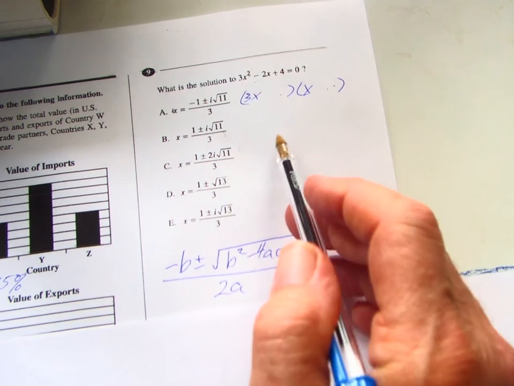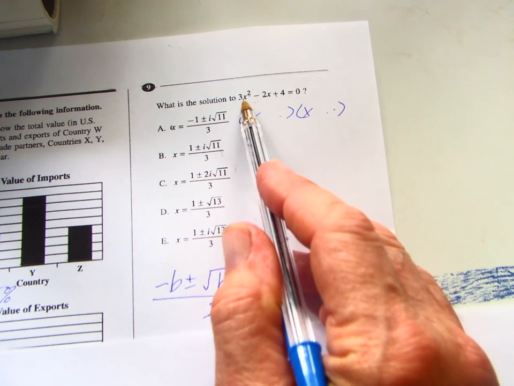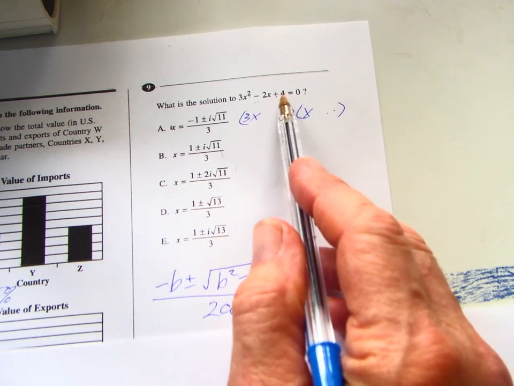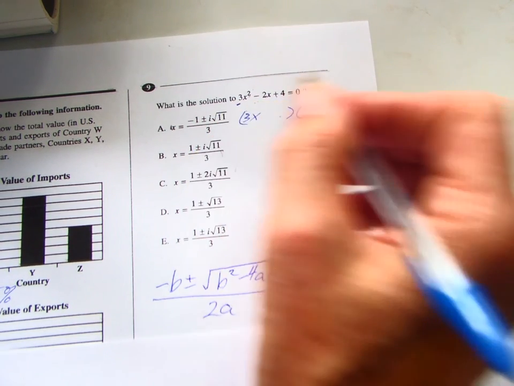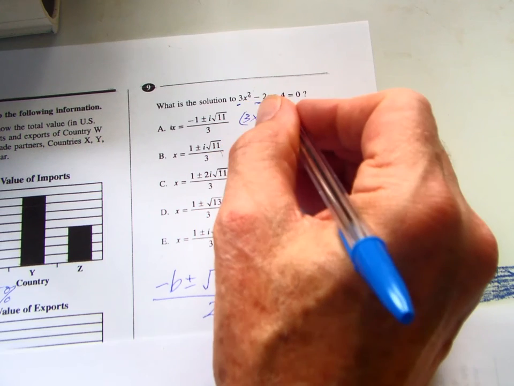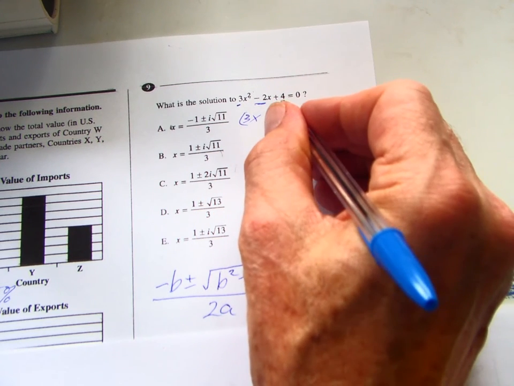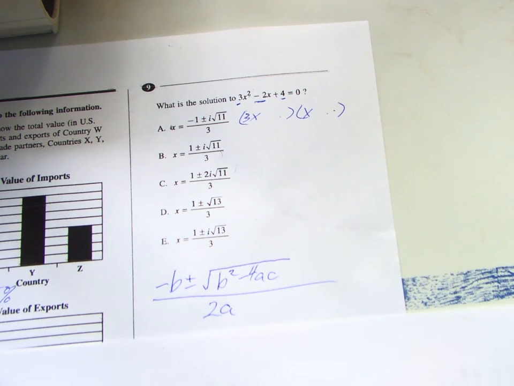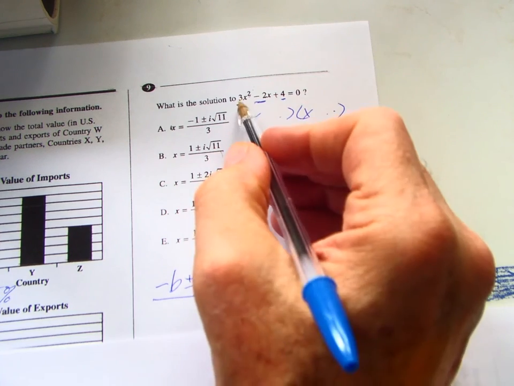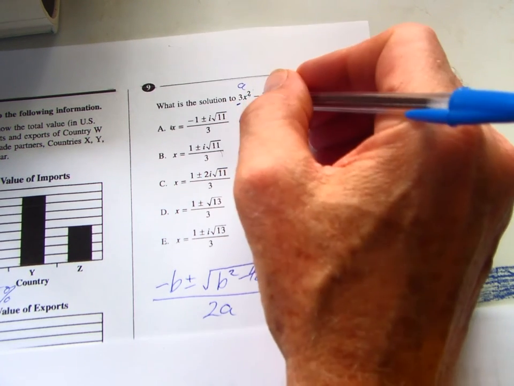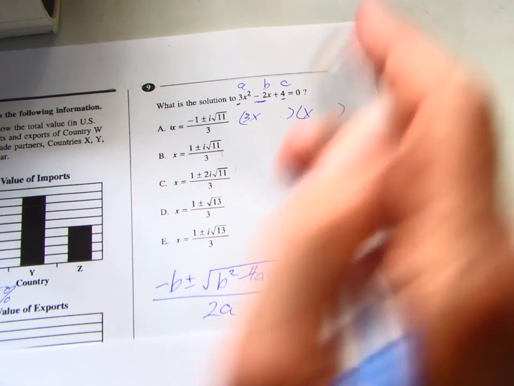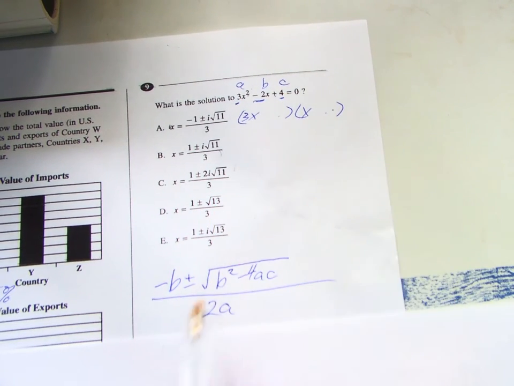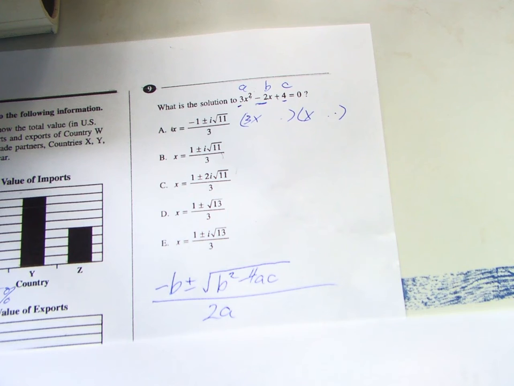If you look at this quadratic equation, 3x squared minus 2x plus 4, there's a coefficient in front of the x squared, a coefficient in front of the x term, and then the last number. The first one is a, the second is b, and the third is c. If you plug these numbers into this formula, you'll get the answer.